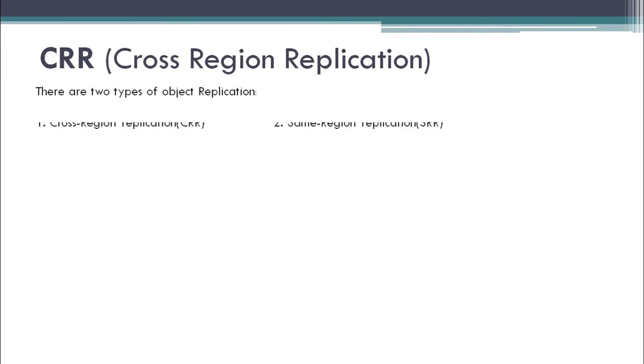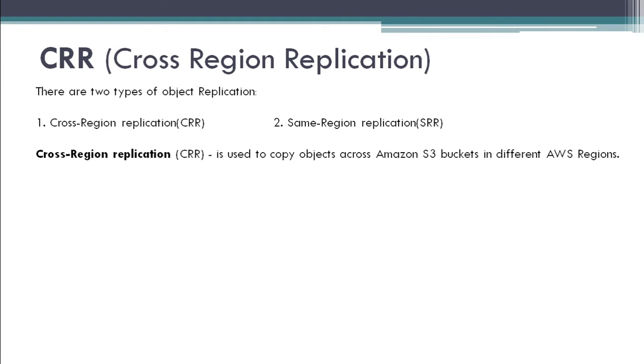Okay, moving ahead, CRR is nothing but cross-region replication. There are two types of object replication: cross-region replication, CRR, and same-region replication, SRR. So what is cross-region replication? As the name suggests, it is used to copy objects between Amazon S3 buckets in different AWS regions.